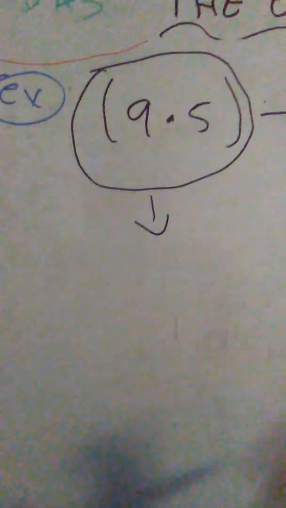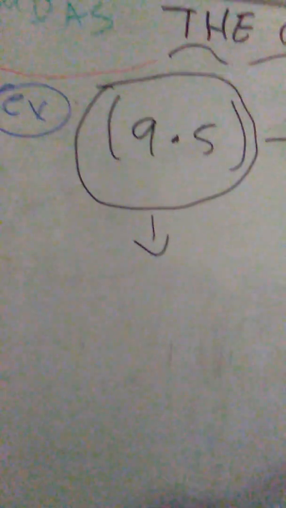Don't rush into it. If you don't know your multiplication tables off the top of your head, just skip count by 5.